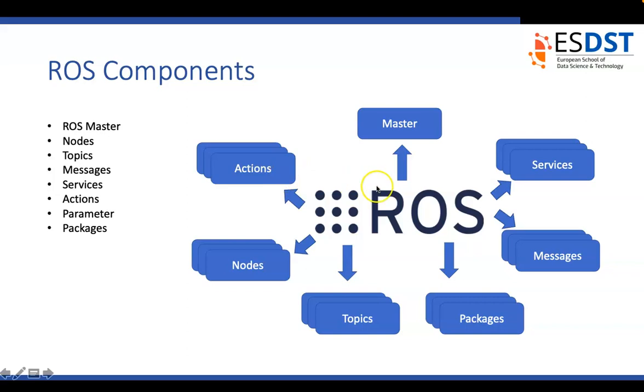And topics are like this: let's say you have a robot and it has a velocity parameter, it's moving with some velocity. You have a robot A and a robot B. Then we create a velocity topic for robot A and a velocity topic for robot B. Then you have two different topics, and one of the ROS nodes will process this velocity to estimate where the robot will be at the next position or what it should do.